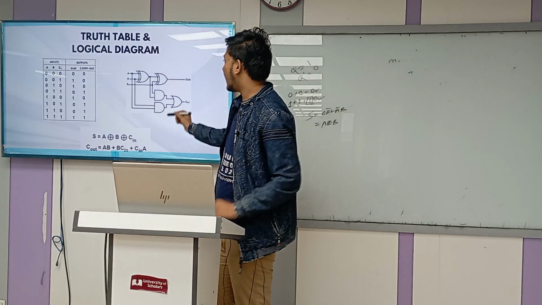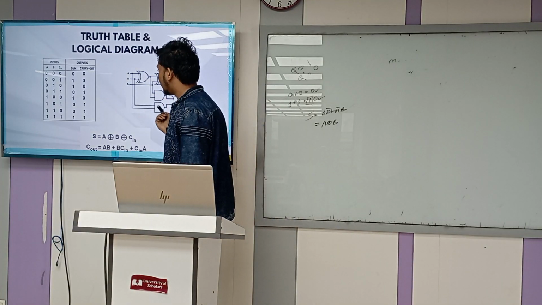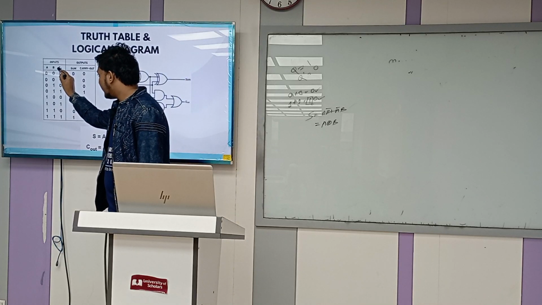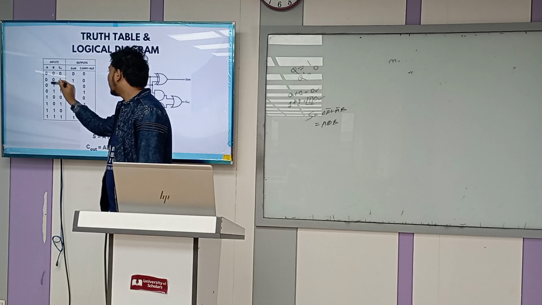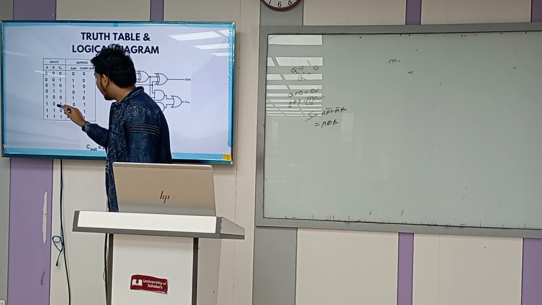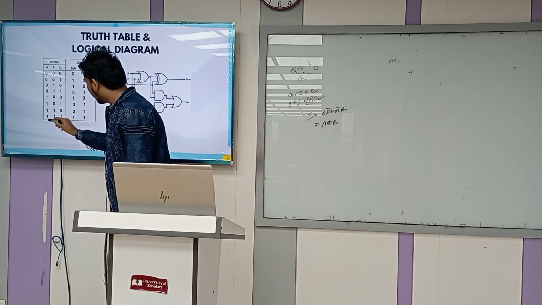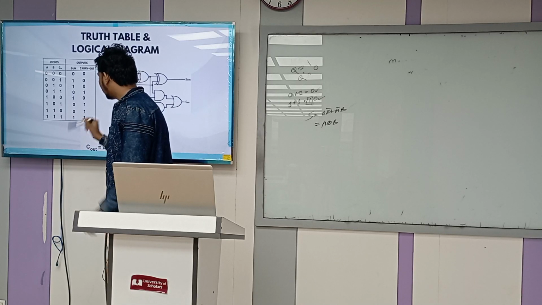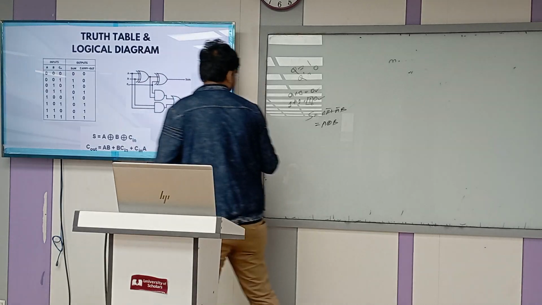This is the truth table and the logical diagram, where A, B, and C, the carry in, give us these outputs. If we notice, when the inputs are 1 1 1, the sum is 1 and the carry out is 1. How is it possible?